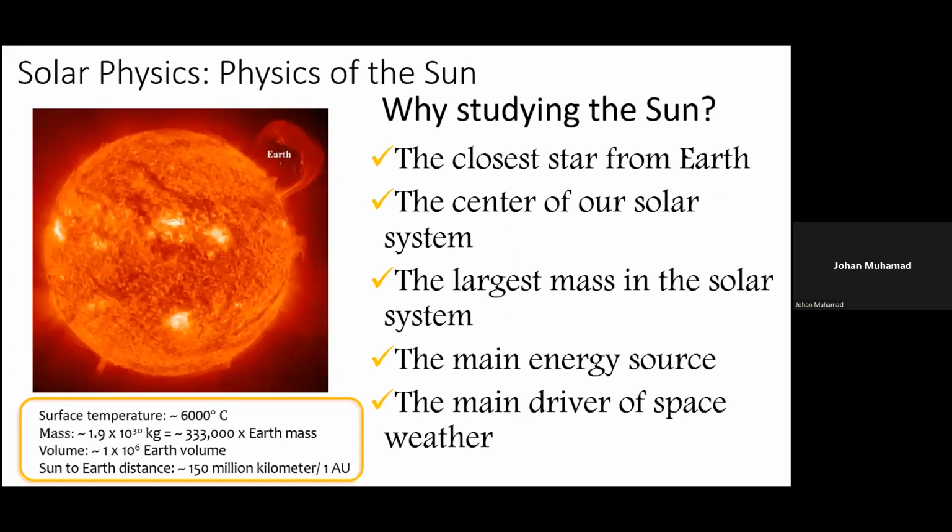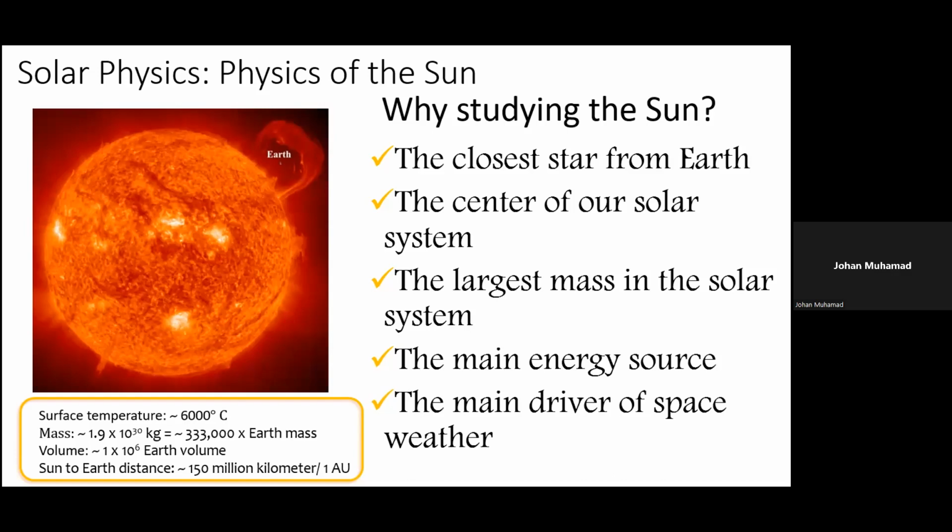So why do we study the sun? Of course, the sun is the nearest star from our planet, from Earth, and this is very important because if you study other stars, or maybe galaxies and other things like that, those are very far, but the sun is the nearest star, so you can observe this star more clearly than other stars.